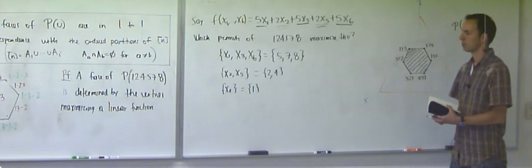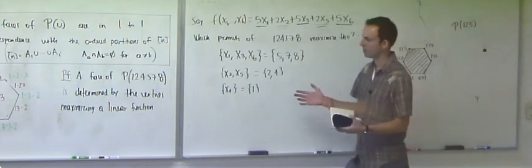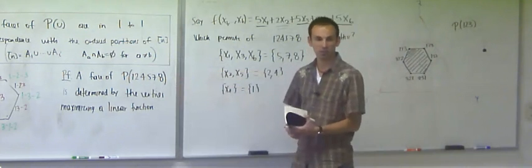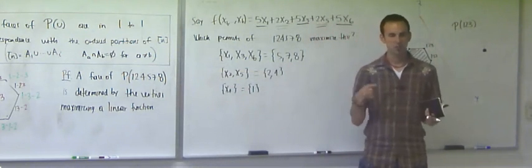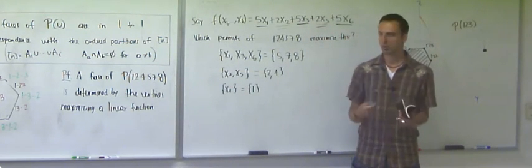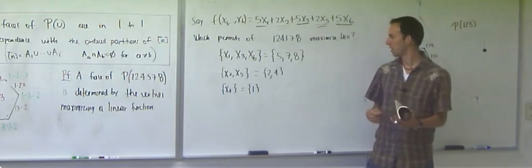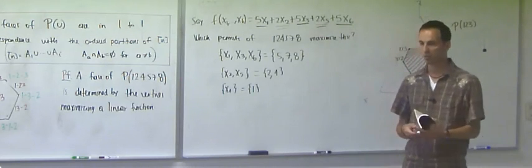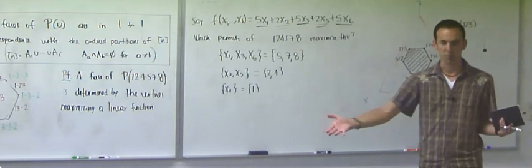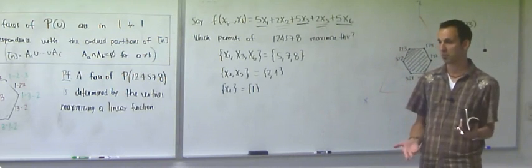Now, what was I saying in my labeling of my permutahedron? I was saying, let's first say where the 1 goes, then where the 2 goes, then where the 3 goes, etc. In other words, I was just going from smaller numbers to bigger numbers and telling you what position they were in.